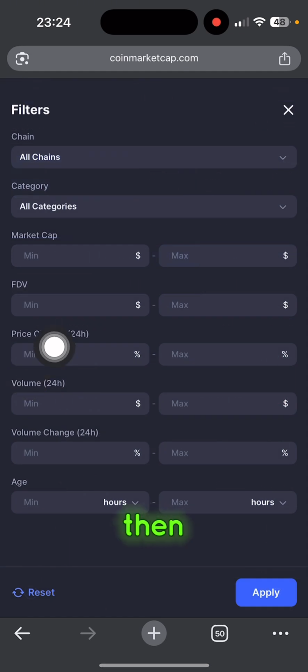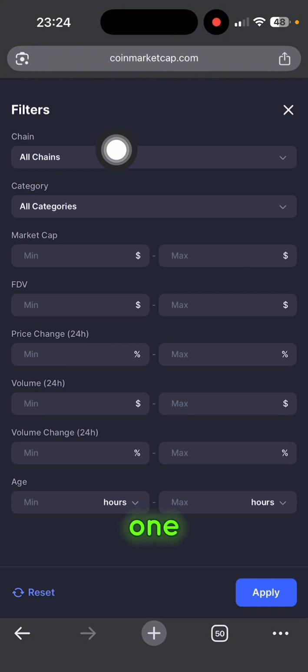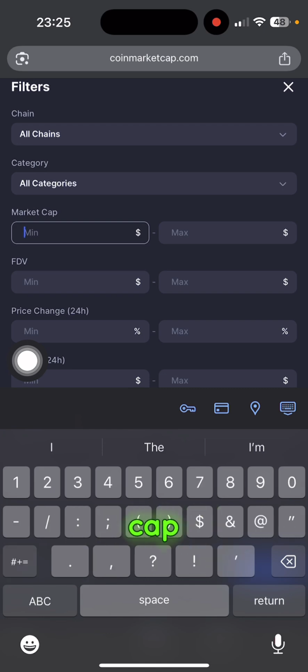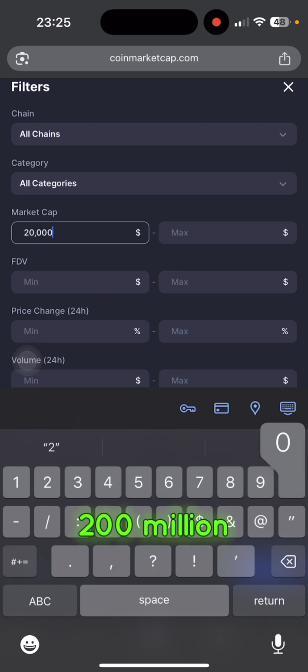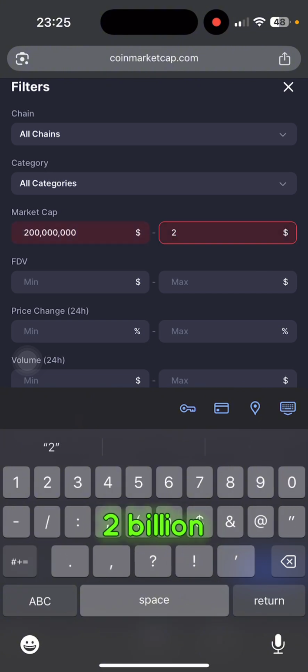After that, you leave the first one at all chains, the second one at all categories, and for the market cap, we will be sticking to a market cap ranging from about 200 million to probably 2 billion. Okay?